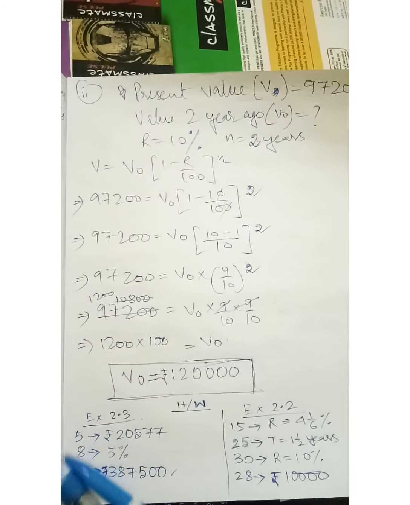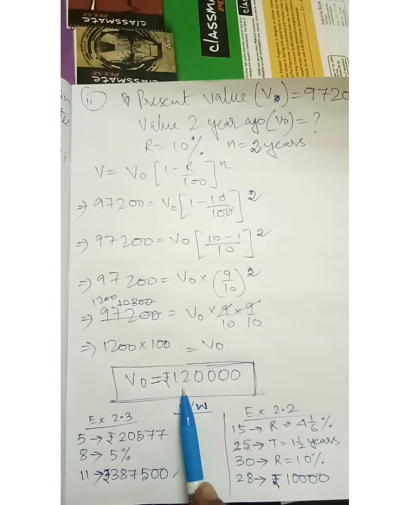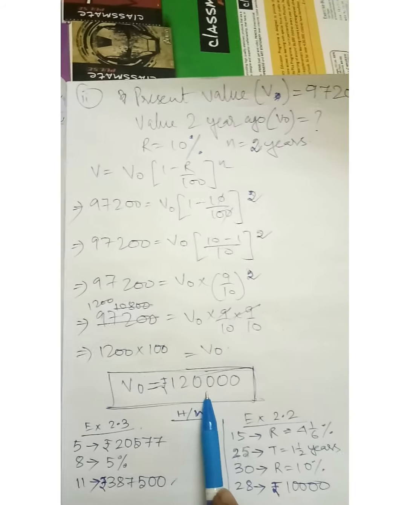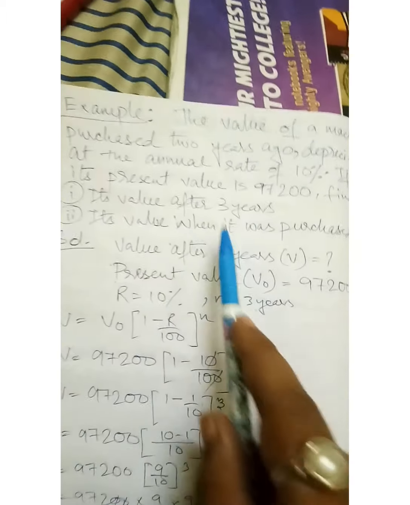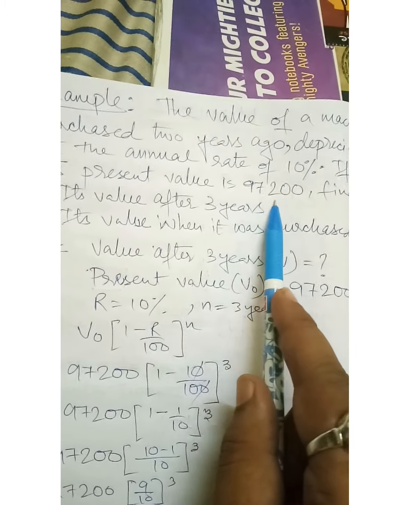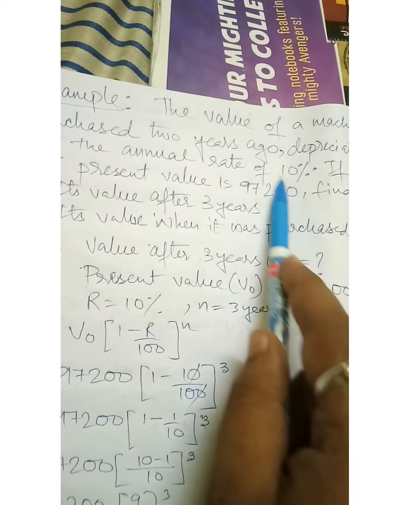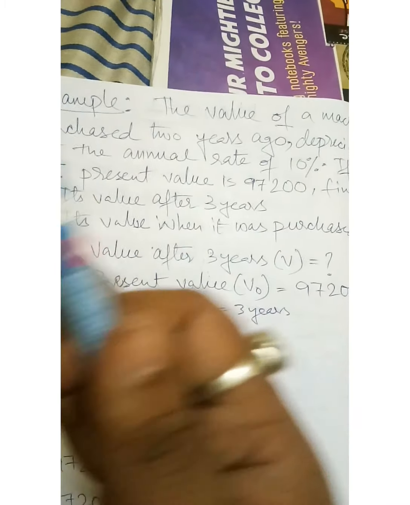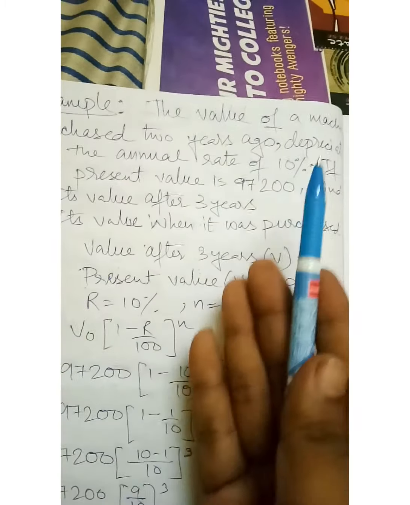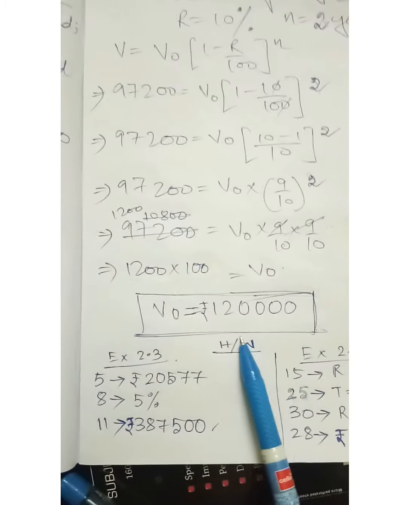V0 comes to 1,20,000. That means the present value is 97,200, and they asked the value 2 years ago, which was 1,20,000.